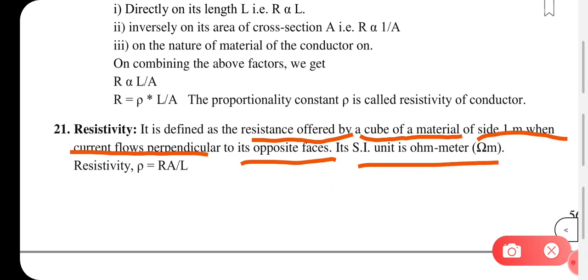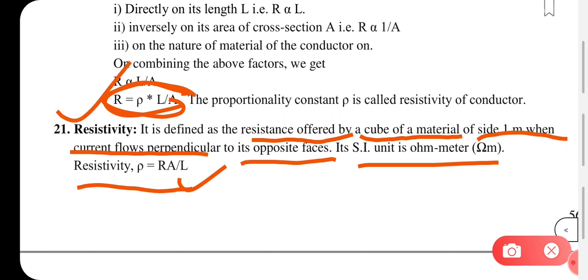The SI unit is ohm meter, you can remember it. If you remember R is equal to rho L upon A, then you can find the value for rho also. Basically you have to remember this one, based on which other things can be calculated. Unit for resistivity, you remember, it is ohm meter.